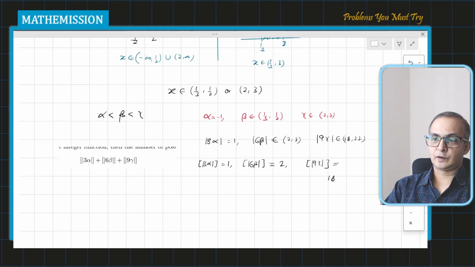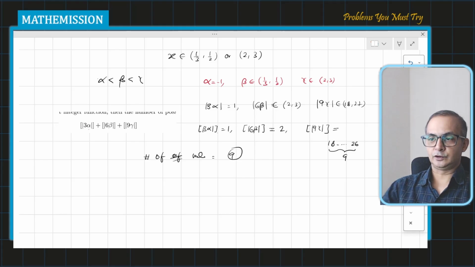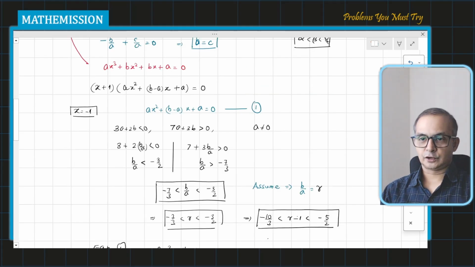So from 18 to 26 I have 9 numbers, and each has only one possibility. So there are 9 such possibilities. I think you understood. This is the way to solve this question.